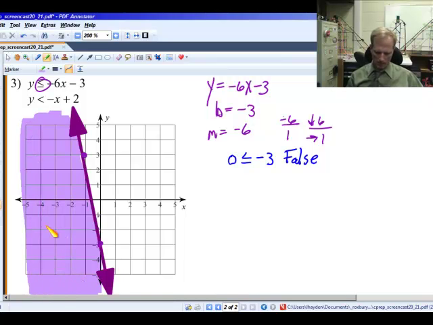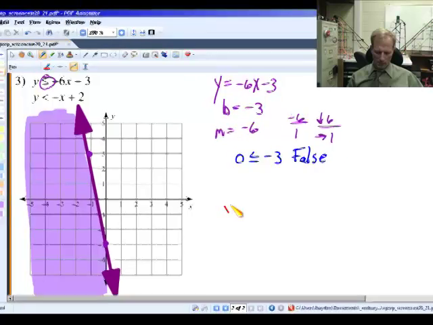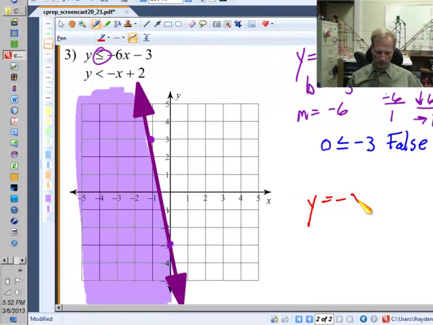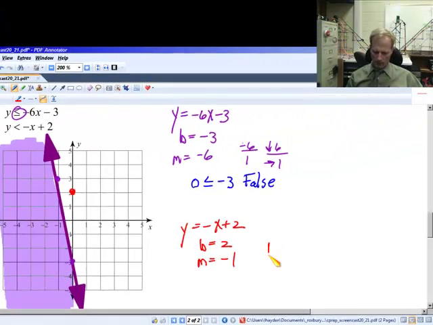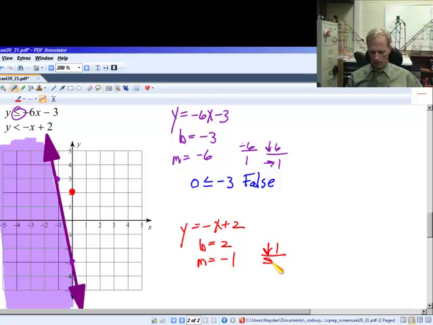Alright. Okay, then let me graph the other inequality. So its boundary line is going to be y equals negative x plus 2. That's a b-value of 2 and a slope of negative 1. So I'm going to go to 2 on the y-axis. A slope of negative 1 is down 1 and to the right 1.